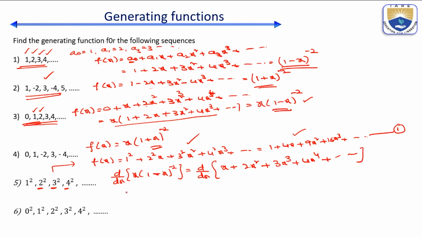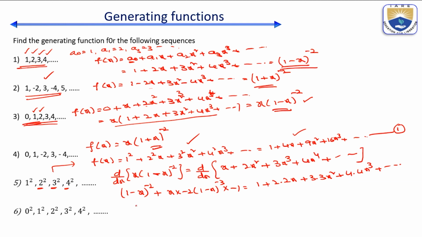Then I am going to differentiate it using the UV method. So x into minus 2 (1 minus x) to the power of minus 3 into minus 1, plus (1 minus x) to the power of minus 2, equals 1 plus 2 into 2x plus 3 into 3x square plus 4 into 4x cube plus and so on.